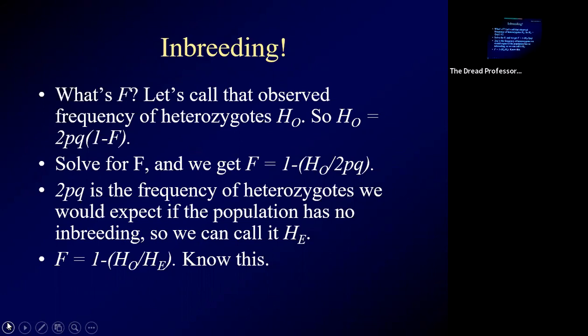HO divided by HE would be 1, and F is 1 minus 1, which is 0. If there is inbreeding going on, then we're going to have a deficit of heterozygotes, and observed divided by expected heterozygotes is going to be smaller than 1. And F will be 1 minus something smaller than 1, which will be a positive number.